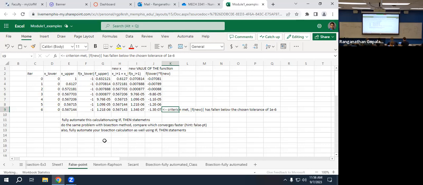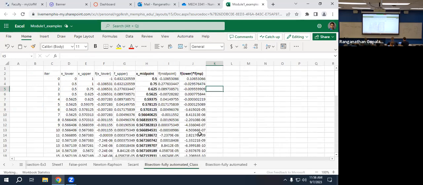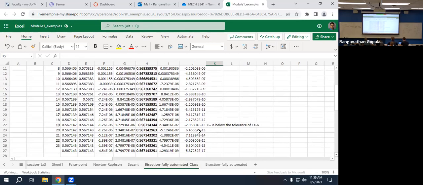So how many iterations did it take for the function value to fall below the chosen tolerance, which in our case is 1e minus 6, or 10 power minus 6?